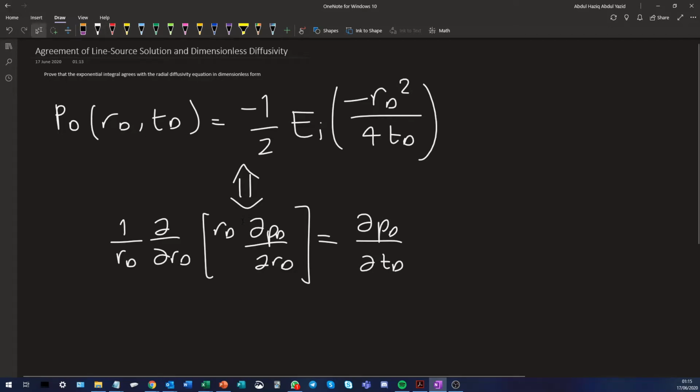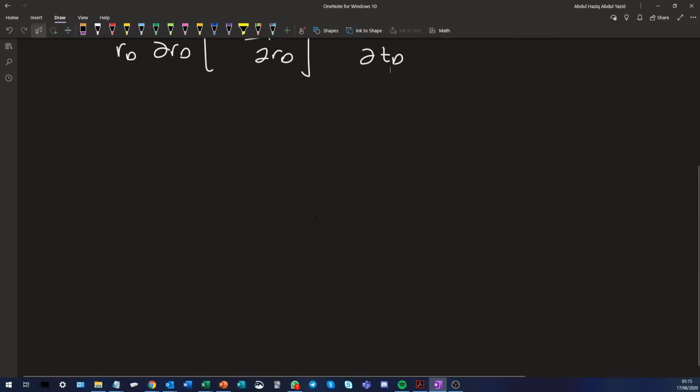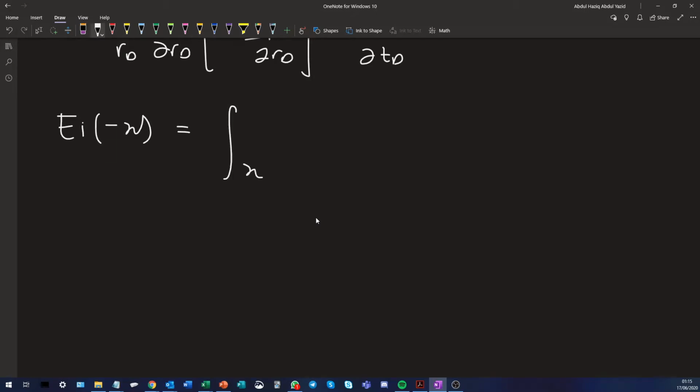Now first, let's have a look at what the Ei function is, just for clarification. The Ei function is defined as follows: the integral of e to the negative u over u du.